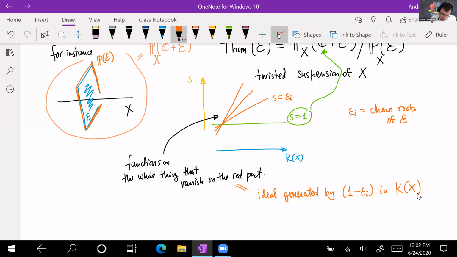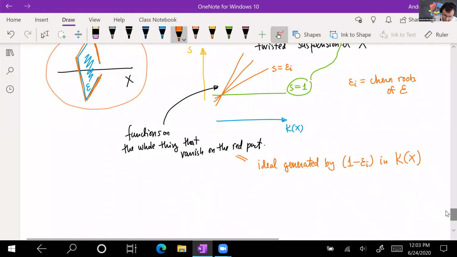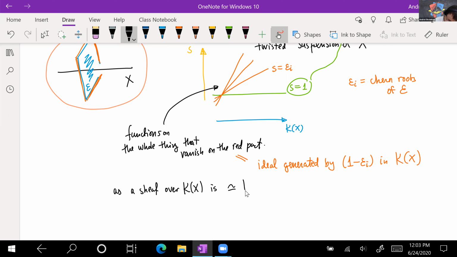And so, well, we have to stop now, but that ideal is of course just as a sheaf, since it's a principal ideal as a sheaf over K_X, isomorphic to K_X, and that's the nature of Thom isomorphisms.